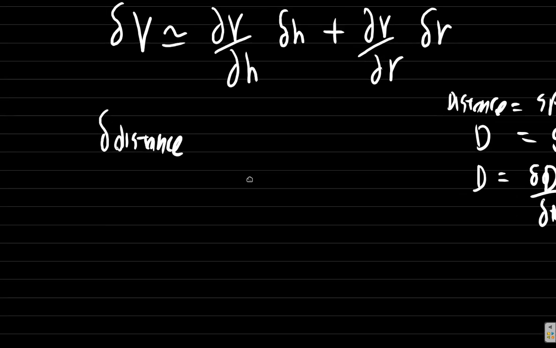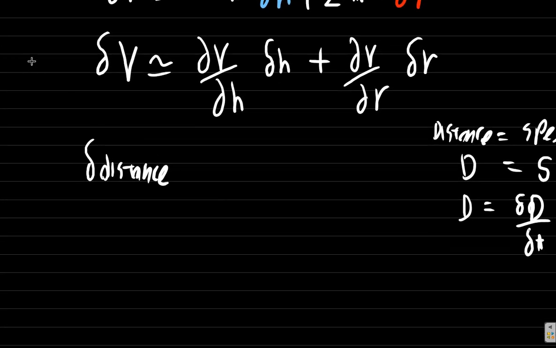Now the change in distance here is equal to the change in distance over the change in time multiplied by time.